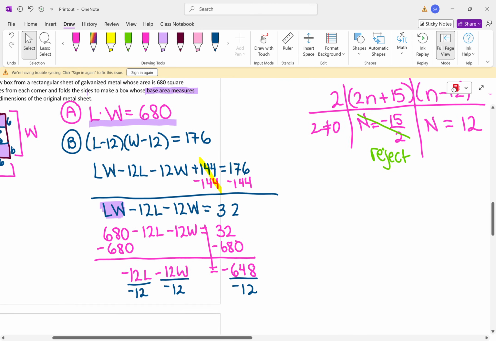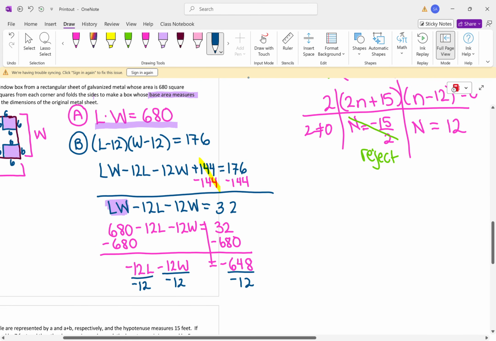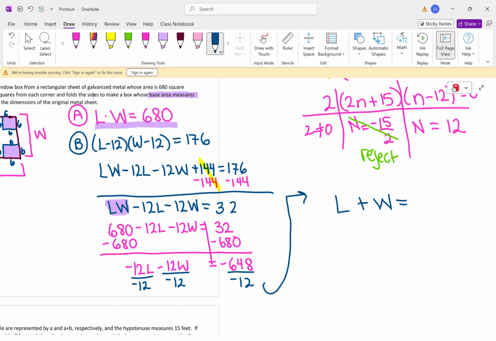Everything's divisible by negative 12. So now, I'm going to have a positive L plus a positive W equals, what is it? I don't know. 54? I like that. That sounds about right.